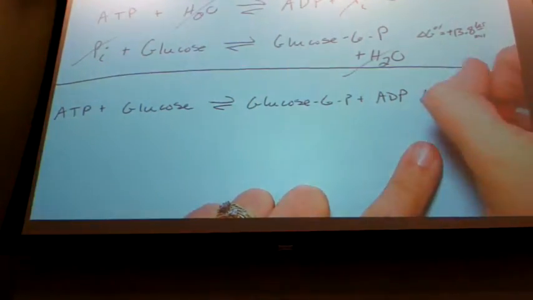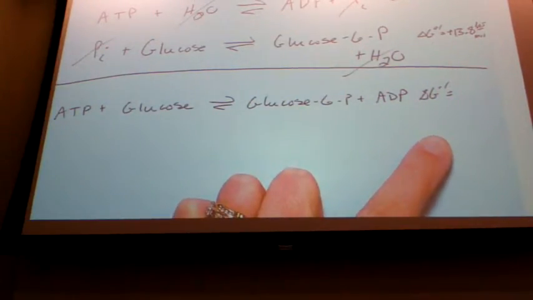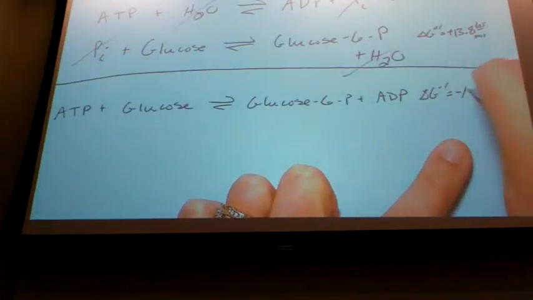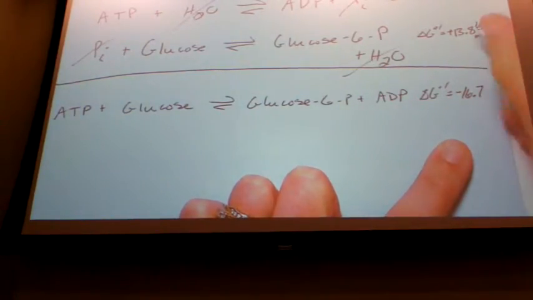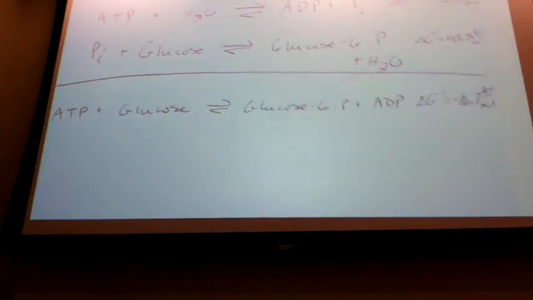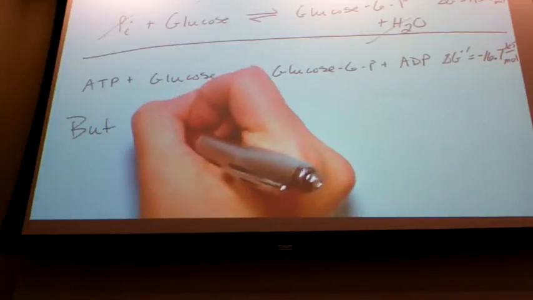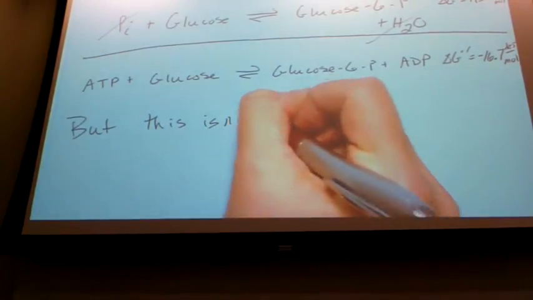So my standard free energy change for this is the negative 30.5 plus the 13.8, which is a negative 16.7 kilojoules per mole. So you have a spontaneous process coupled to a non-spontaneous process so that the overall coupled reaction is spontaneous. But this isn't what happens in the cell.